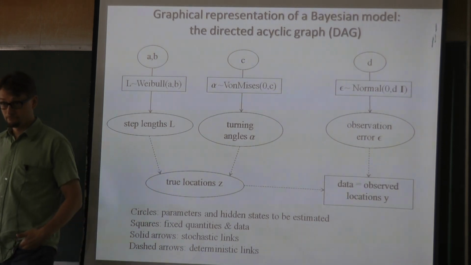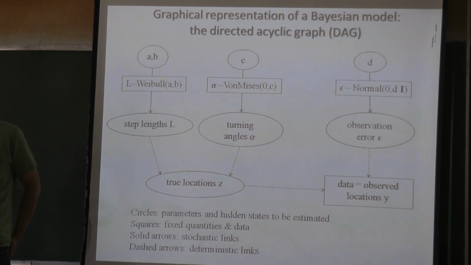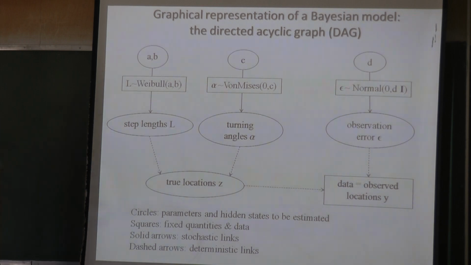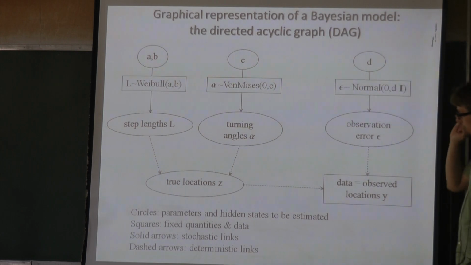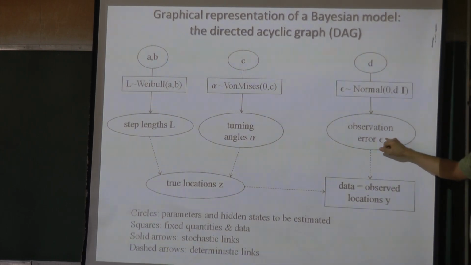GPS gives you a result around the true location. So you cannot know the precise location. Yeah, that's an important point. I mean, here we assume that this is conditional on knowing those errors.